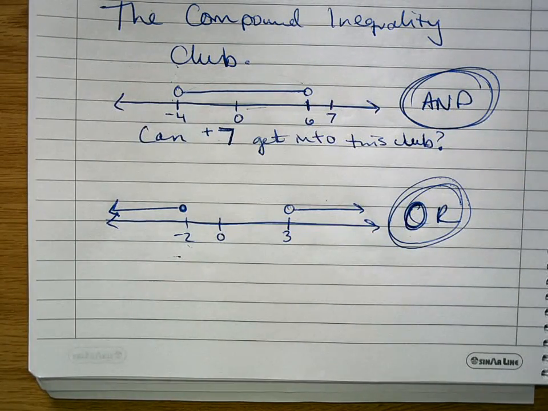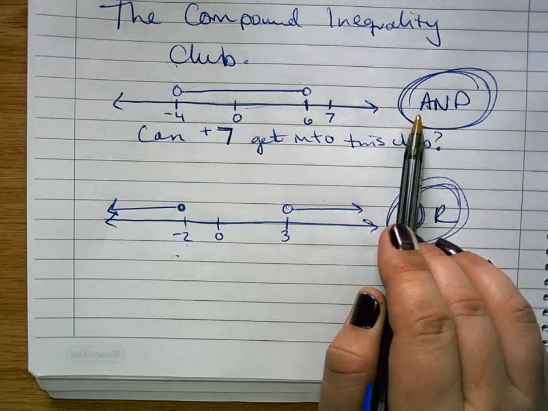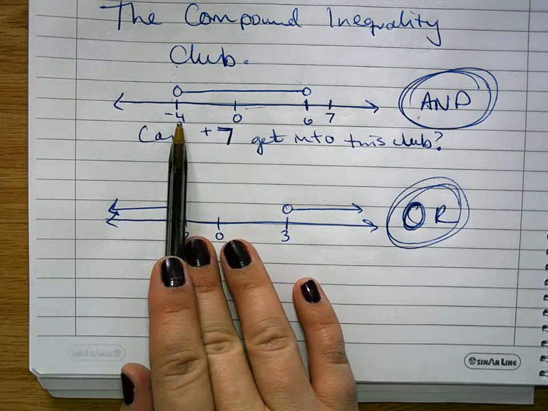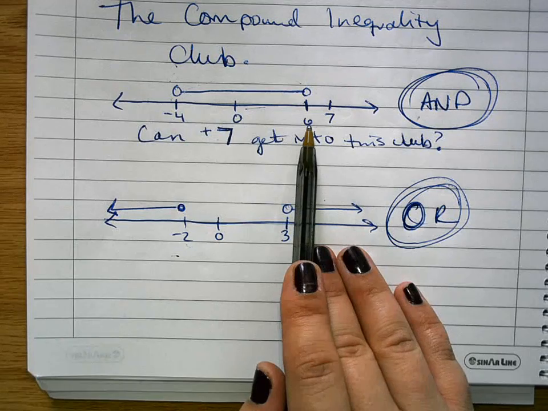So let's say we're at a club, like the dance club. There's a bouncer at the door, letting people in, not letting people in. 7 walks up, says, I want in your club, and the bouncer says no. Why does the bouncer say no? The bouncer says no because 7 is not less than 6. 7 is greater than -4, but remember the and restricts this scenario, restricts all the values that are greater than 6, actually including 6.